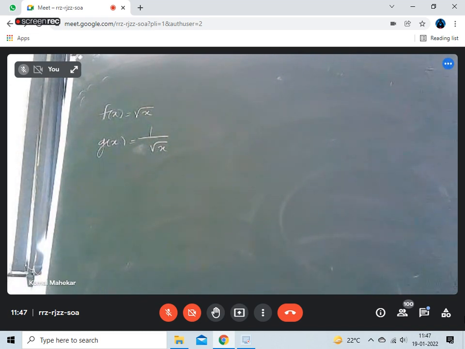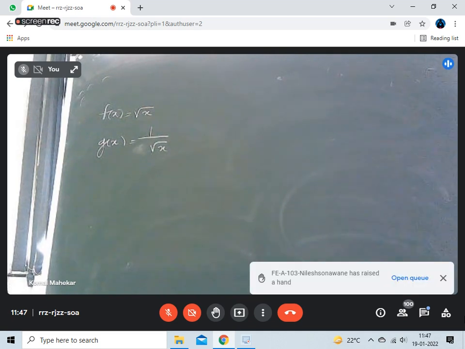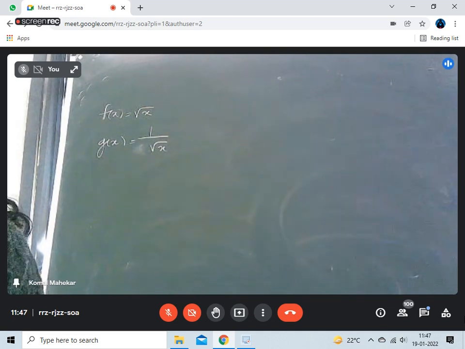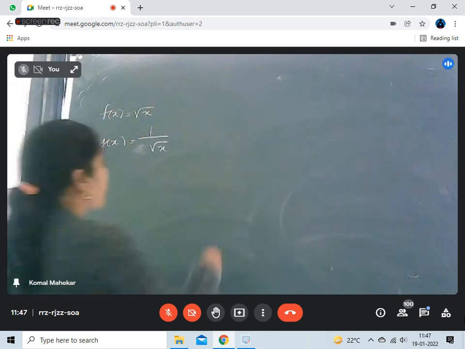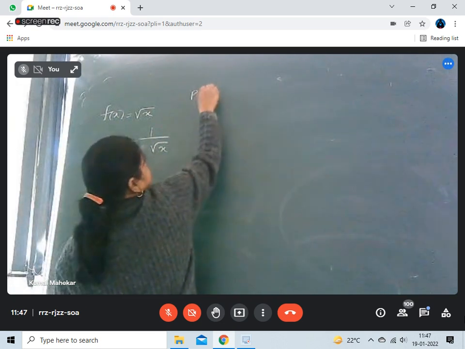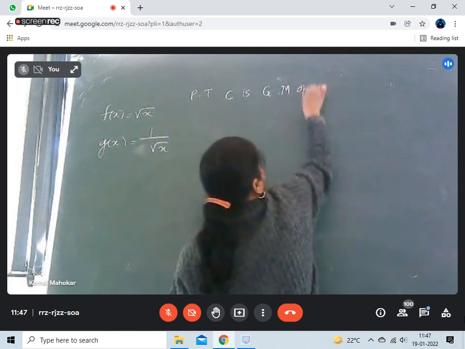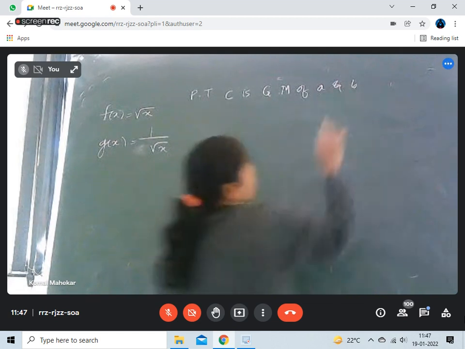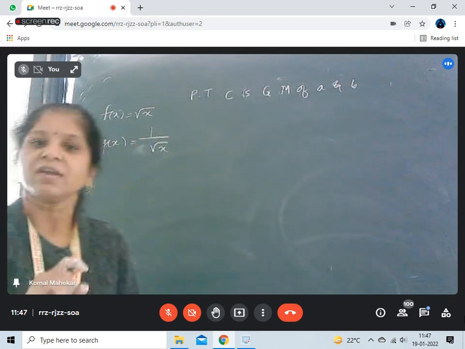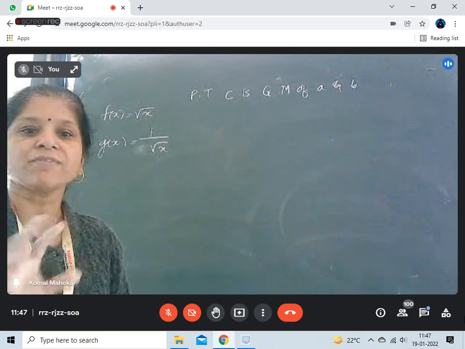Prove that c of Cauchy's mean value theorem is the geometric mean between a and b. Prove that c is the geometric mean of a and b.